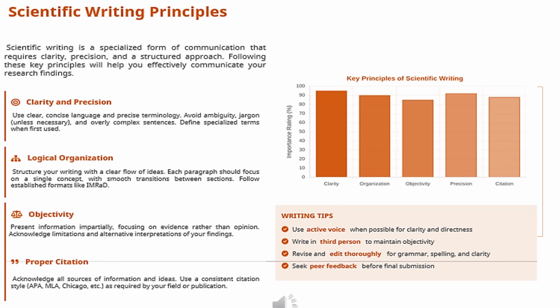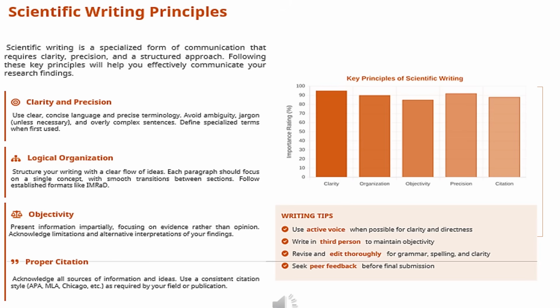Then, importantly, you should always proofread, revise, and edit your manuscript thoroughly. Check for grammar, spelling errors, and clarity and flow of your ideas. There's also need to seek peer review and feedback before you finally submit your manuscript.